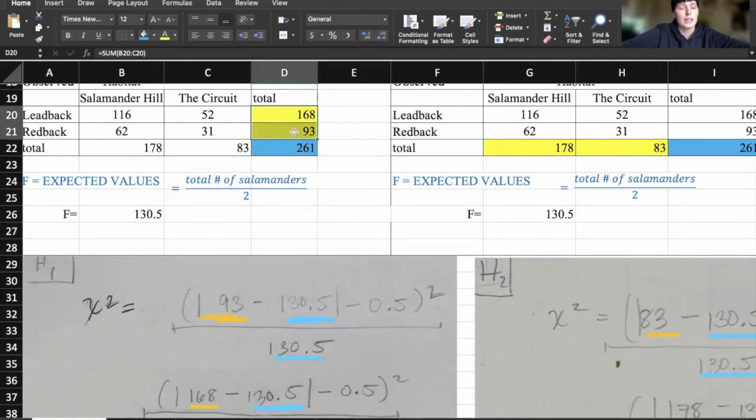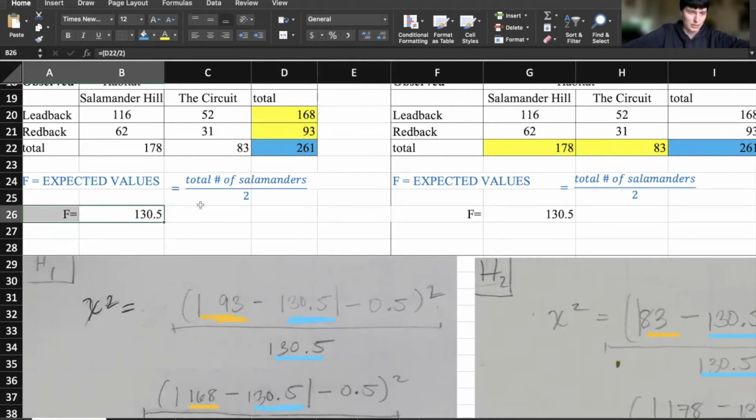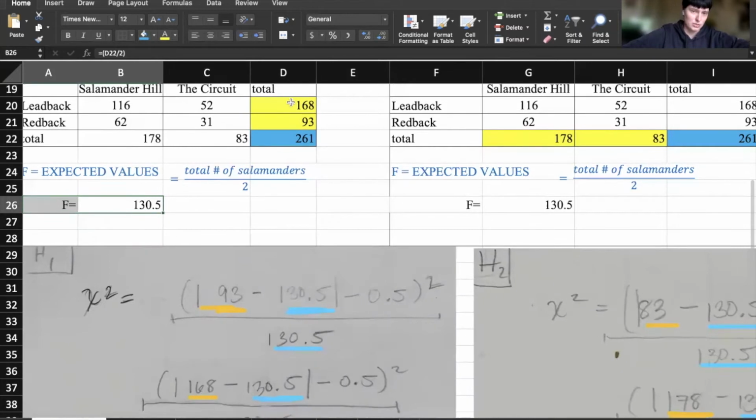These highlighted values right here are going to be your observed values, the ones that we counted when we were in lab this week. And then the expected value is the one that we calculated right here. It's just the total number of salamanders divided by 2, and that's going to be your expected value that you use for each one of the morphs.